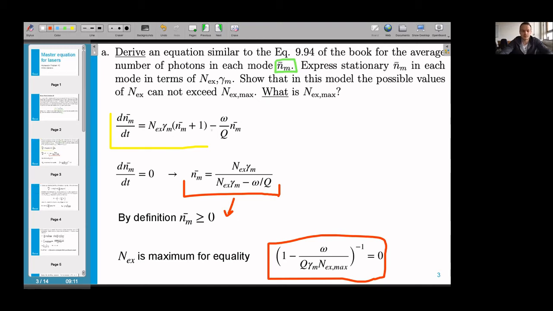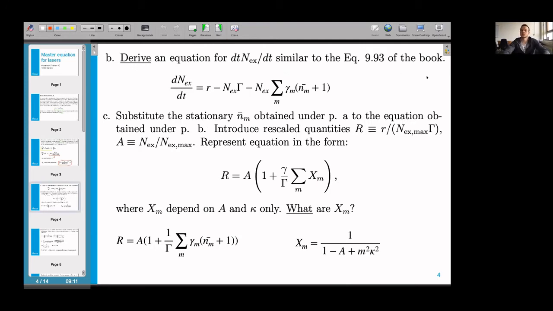Okay, I'll move to question B now. You're just asked to derive an equation for, there is an error here, there is no t here. Maybe in the text we need to correct it also.